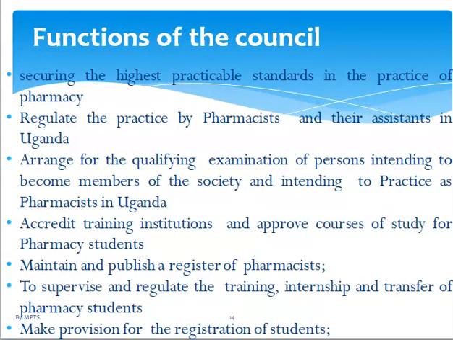What are the functions of the council? The main function of the council is to ensure the highest practical standard of practice of pharmacy, to educate pharmacists and their assistants in Uganda, arrange for qualifying examinations, upgrade training institutions, maintain and publish the register of pharmacists, supervise and educate the training, internship and transfer of pharmacy students, and make provision for registration of students.